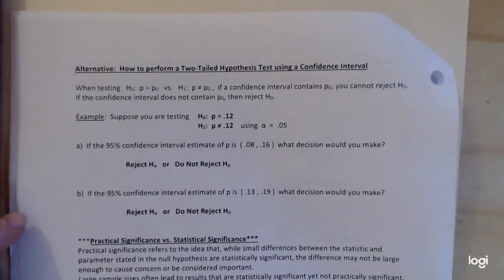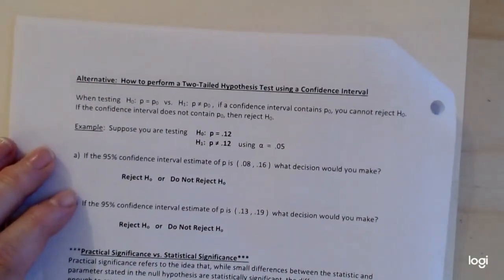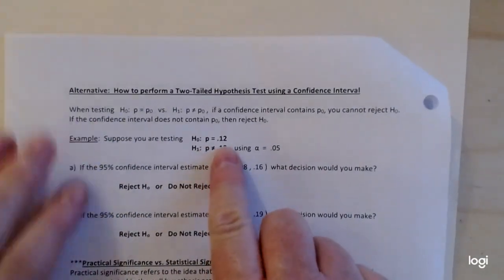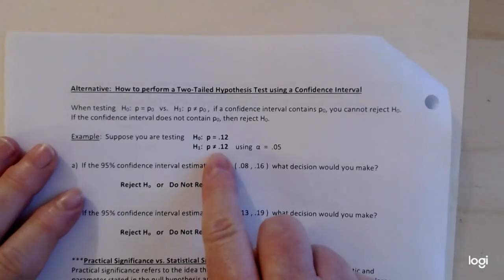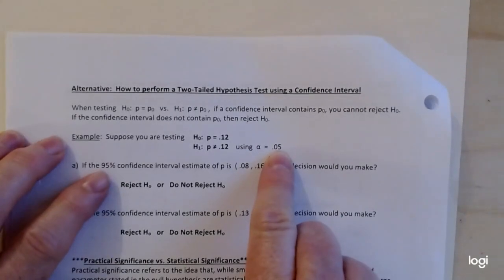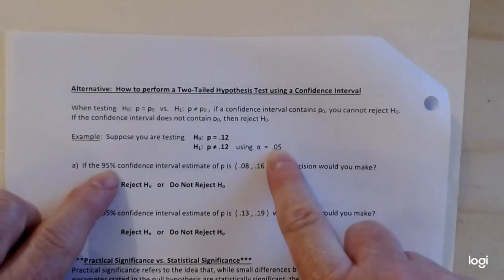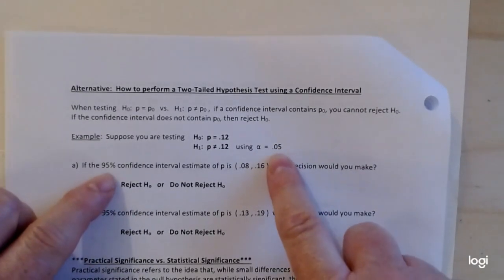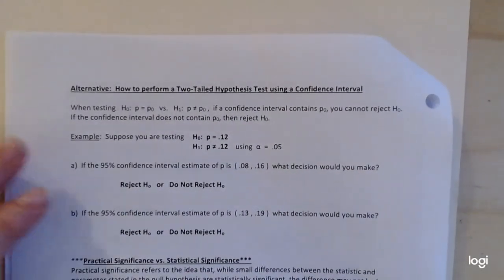So if we're testing the hypothesis that P is equal to 0.12, and the alternative hypothesis is that it is not equal to 0.12, at alpha equals 0.05, the 95% confidence interval, because this 0.05 and this 0.95 have to add up to 100. So a 0.05 alpha would correspond to a 95% confidence interval.